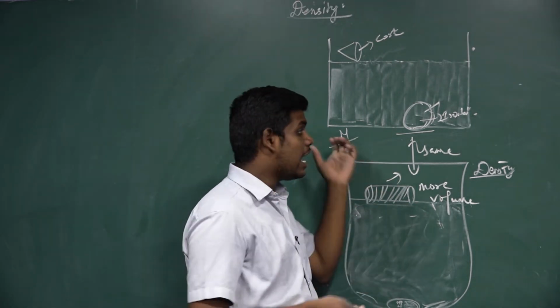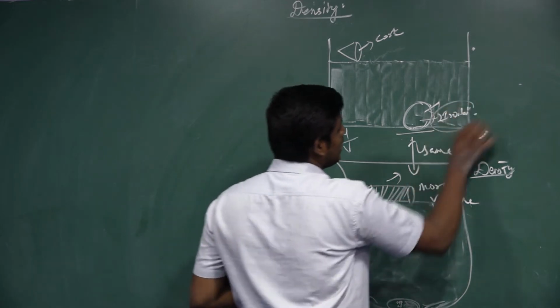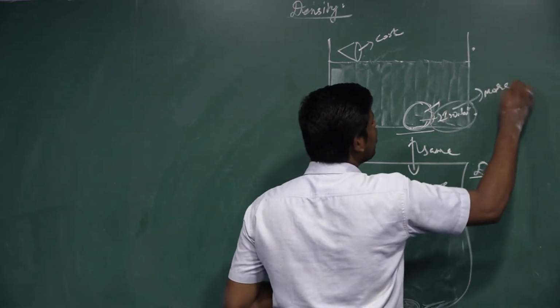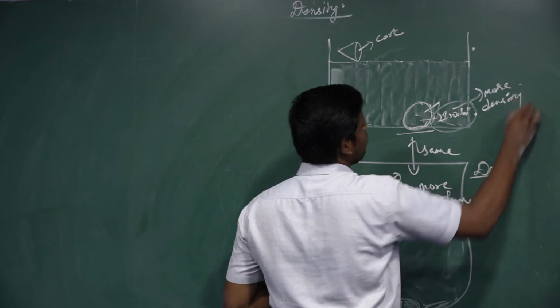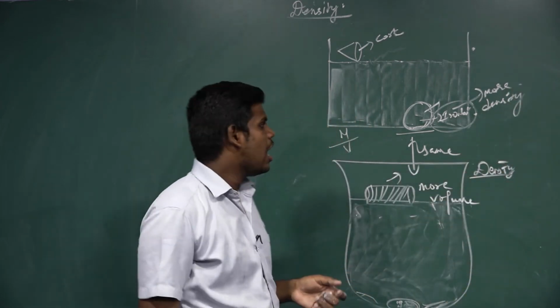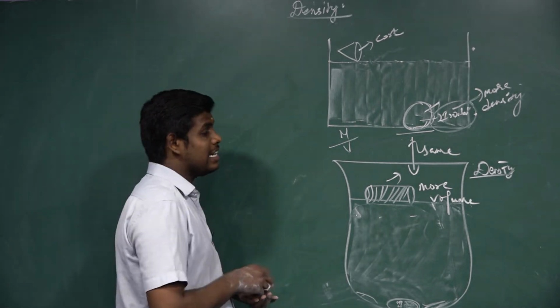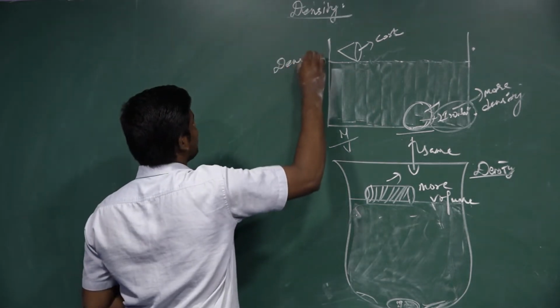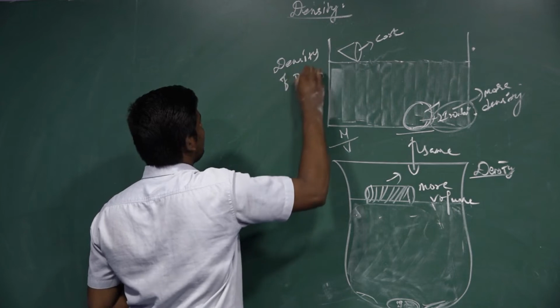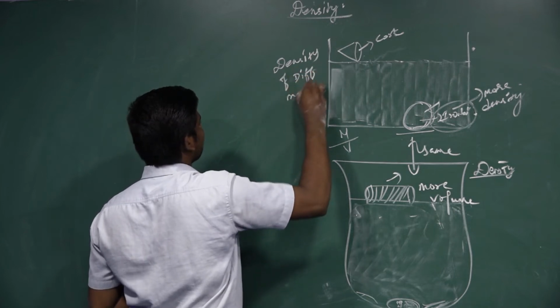Therefore, we know very well, iron has more density. How can we calculate the density of different materials?